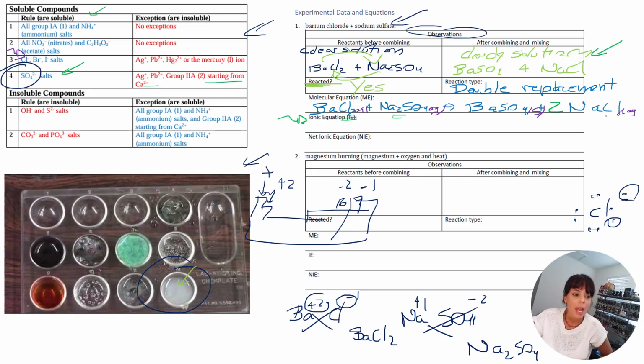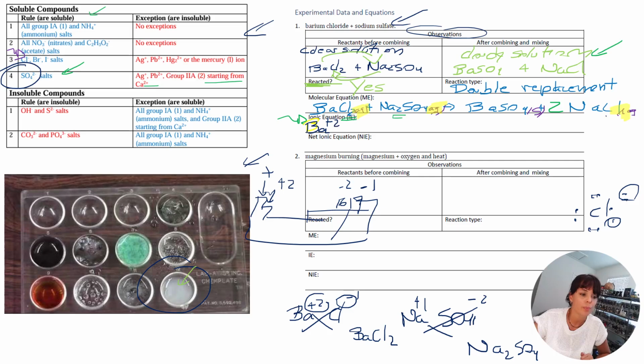Okay, and how are we going to write down the ionic equation? I form ions. The only things that will form ions are the aqueous ones. Okay, solids will not form ions because they are solid. So let's write down what we have. So I have barium, right?